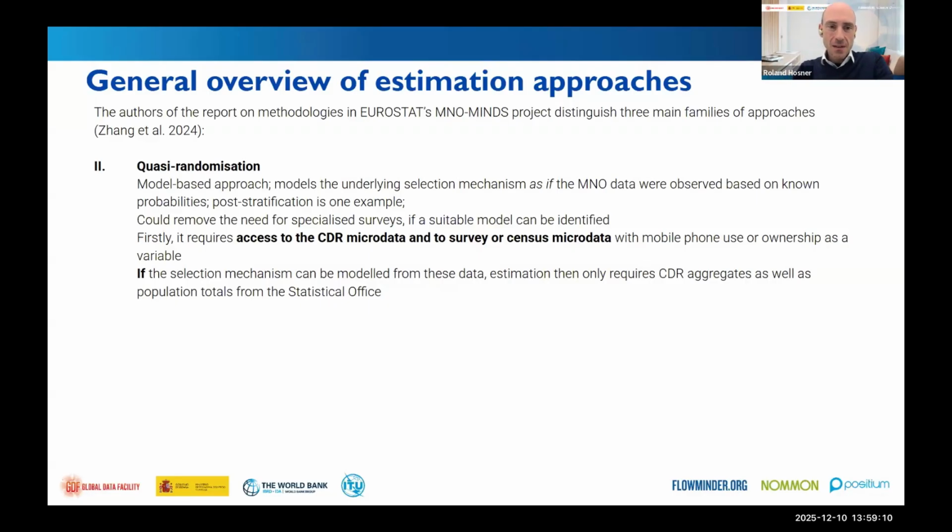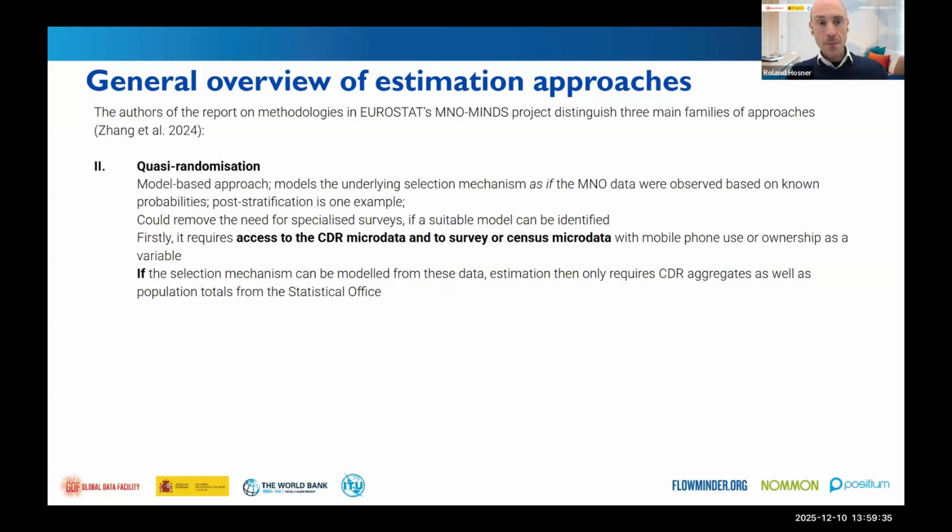But here the idea is that if this selection mechanism can be modeled, and this relies on at least access to the micro CDR data and survey or census microdata that enables just this statistical modeling of the selection mechanism, then you're in a good place.